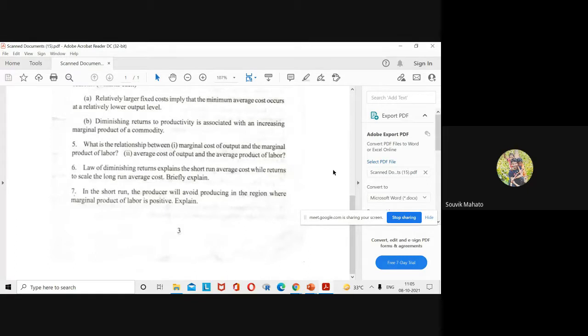Producer will avoid producing in the region where marginal product of labor is positive. It is not about the marginal product curve being positively or negatively sloped; it's only that marginal product is positive.